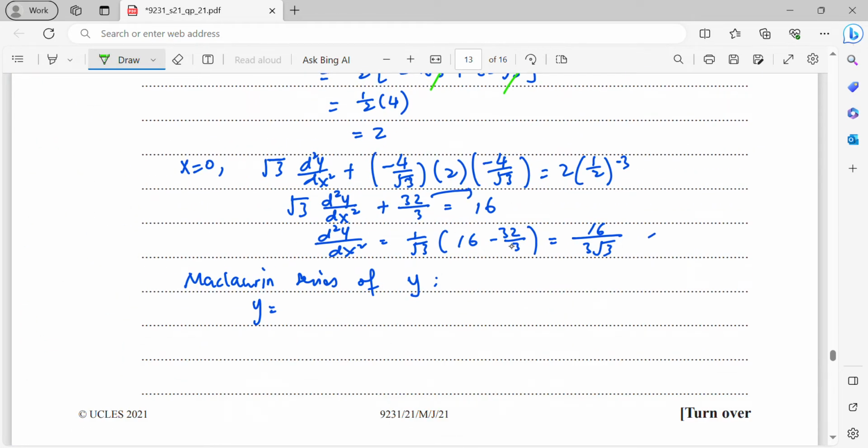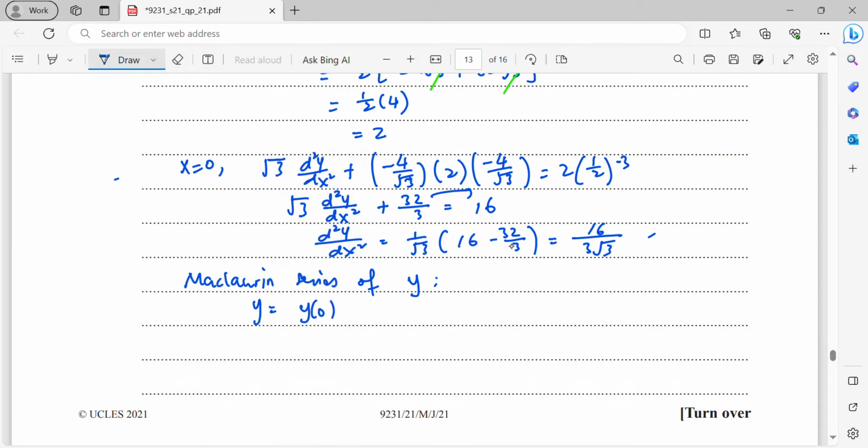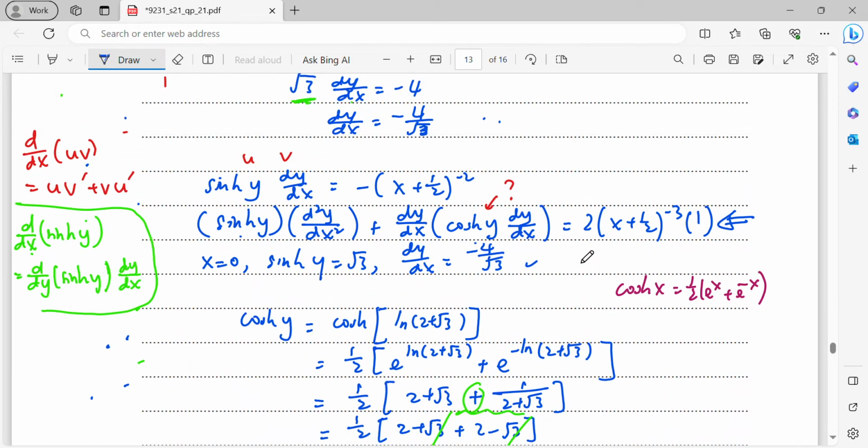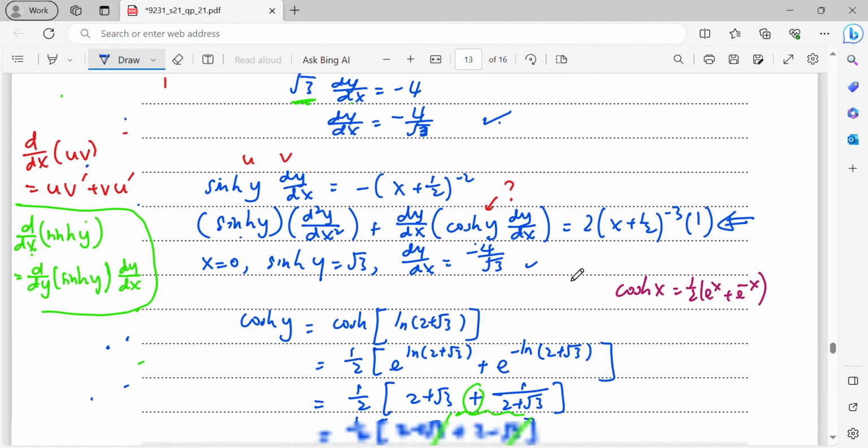The formula for the Maclaurin series is basically y(0) plus x dy/dx at 0, or I write y prime 0, plus x squared over 2 factorial y double prime 0. So now here I will write ln of 2 plus square root 3 plus x times the dy/dx. The dy/dx is negative 4 over square root 3.